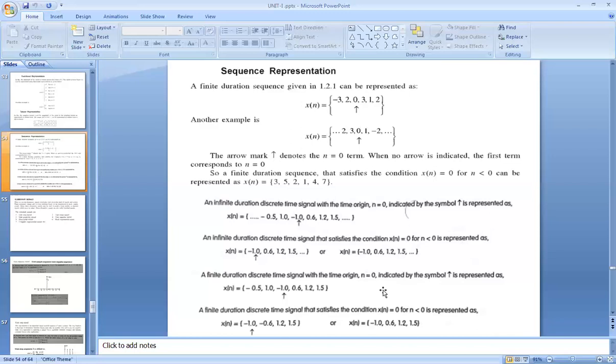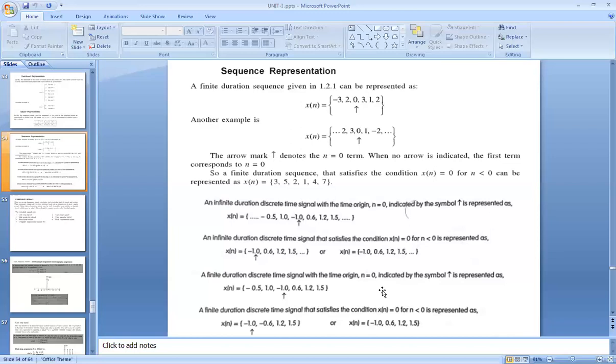Here the sequence you can read in this fashion: x of n is equal to {minus 1.0, 0.6, 1.2, 1.5, ...}. Again we consider this an infinite duration sequence, and the arrow mark is written at minus 1.0. It says the sequence is starting here and is present on the right hand side.